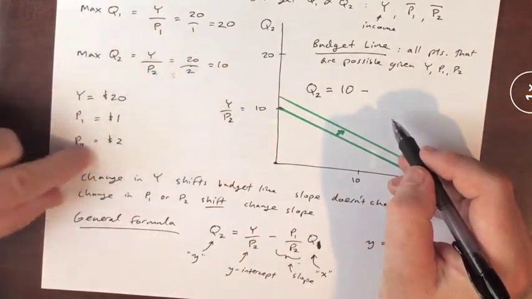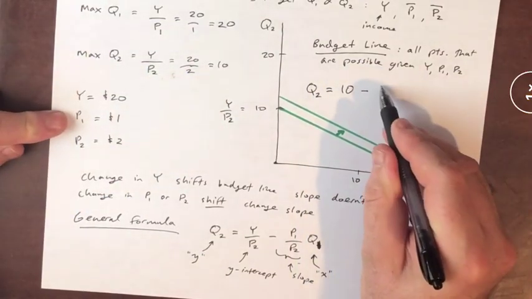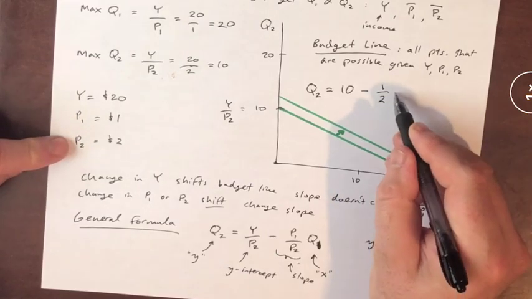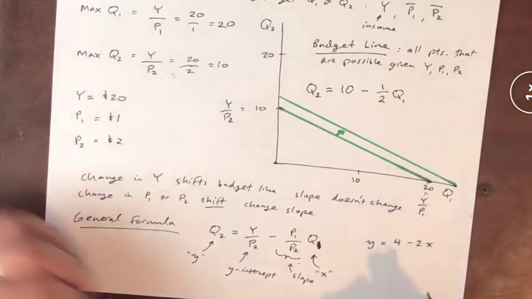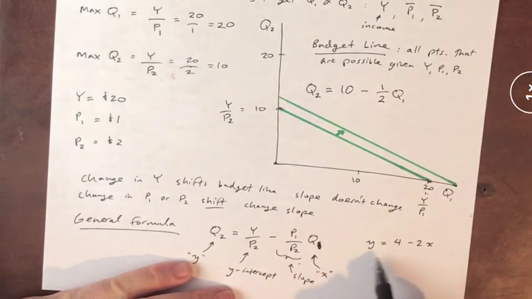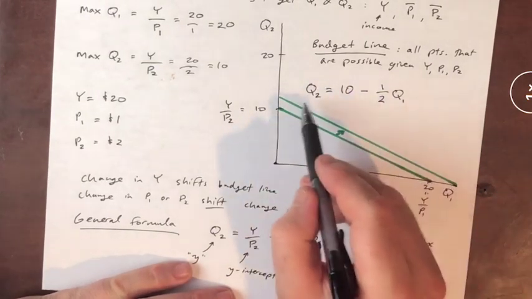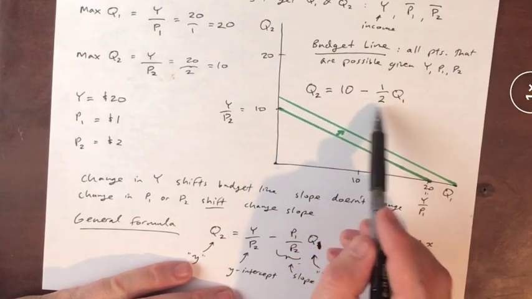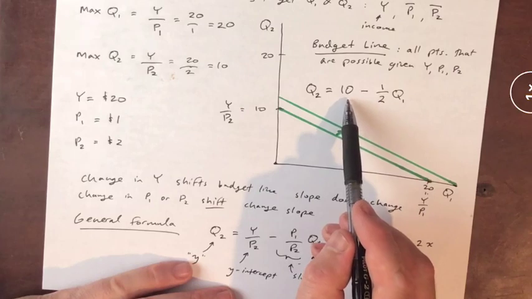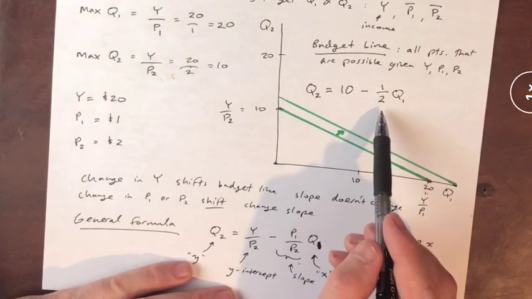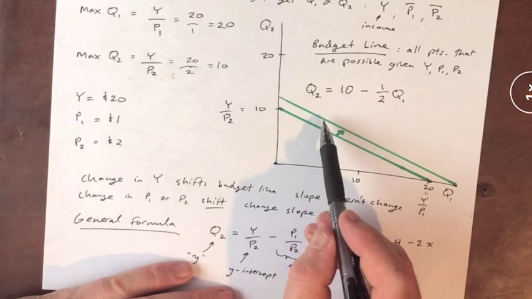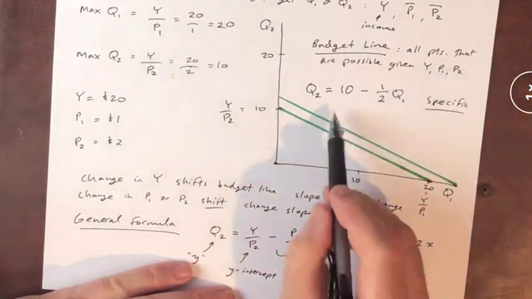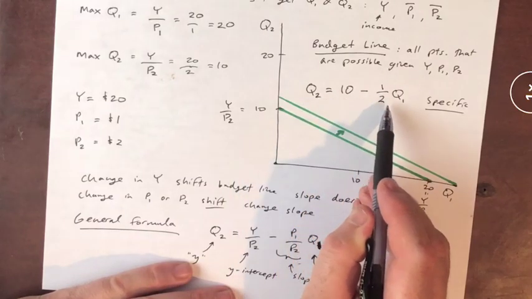Then we've got the prices of good 1 and good 2, 1 over 2, and then we're just going to put in Q1, because those are our variables, like X and Y. The 10 and the slope are our constants. The intercept stays the same and the slope stays the same along a straight line. So the specific formula of the budget line in this case is Q2 equals 10 minus 1 half Q1.